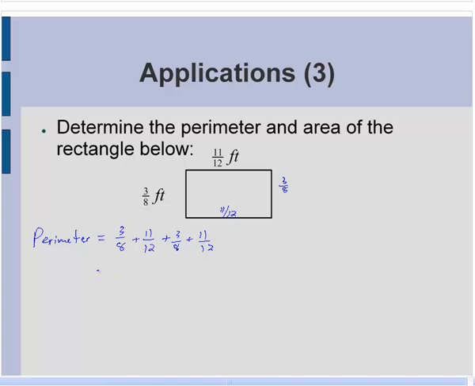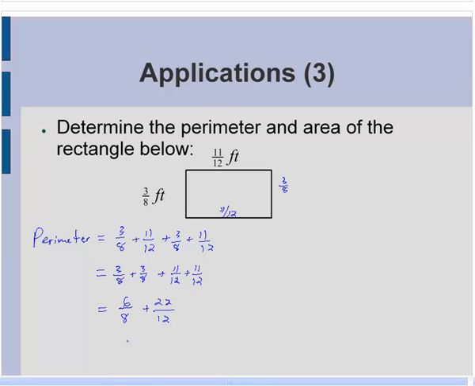Let's regroup these. So we have 3/8 plus 3/8, and then we have 11/12 plus 11/12. So now we have 6/8 plus 22 over 12.